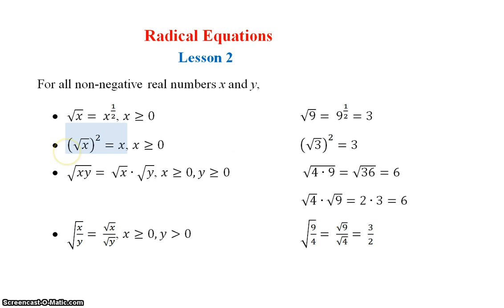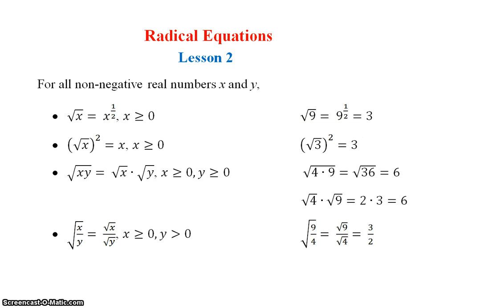The next property. The square of square root of x is x. X is a non-negative real number. So when we square the square root of a non-negative real number, the result is this real number. For example, square root of 3 squared is 3.